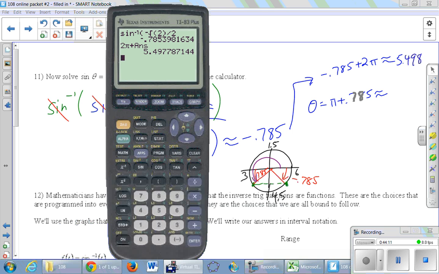I'm just going to be lazy. Pi plus 0.785, so about 3.927.